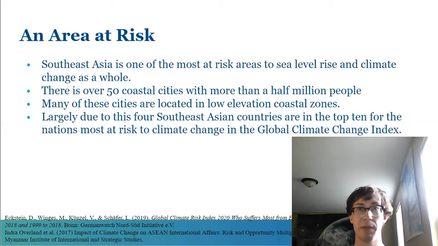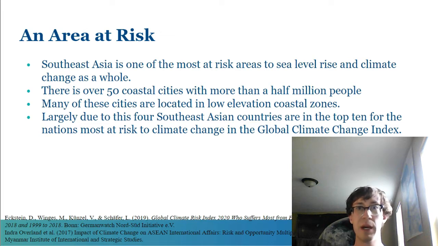And this is backed up by it being one of the most at-risk areas for sea level rise and climate change as a whole. This mainly stems from there being 50 coastal cities with more than 500,000 people, a lot of which are going to be located in these low elevation coastal zones, which just means these are the areas at risk of either flooding or storm surges or sea level rise in general.